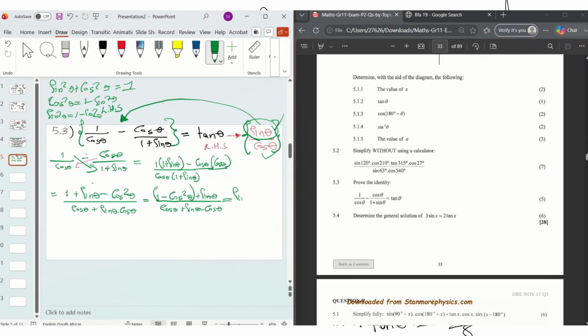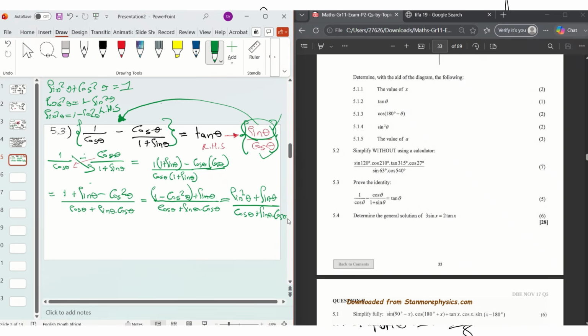So we have sine squared theta plus sine theta divided by cos theta plus sine theta cos theta. So guys, as you can see here in our denominator, we have a common factor, which is cos theta. I don't think I should have multiplied it even before, but it's fine.